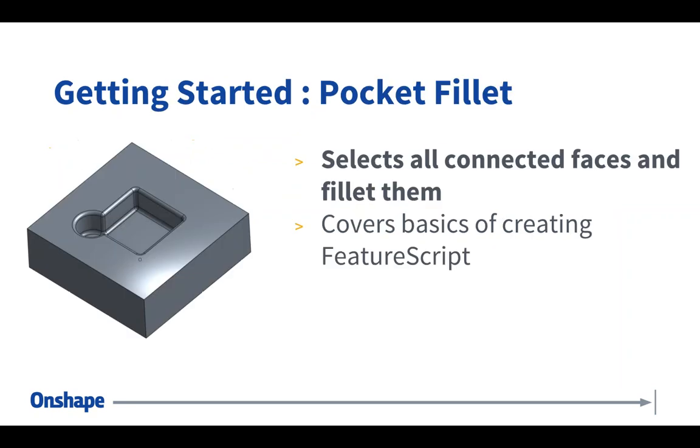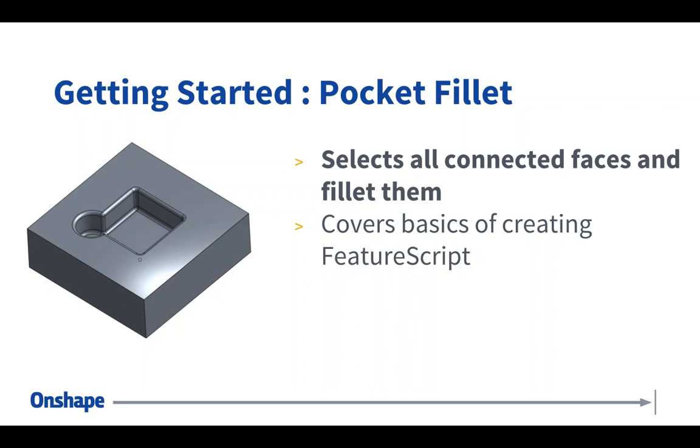All right, so let's get started. Now I have two examples for you, and the first one is really just kind of introduce you to FeatureScript itself, the Feature Studio environment, and so on, and that is the Pocket Fillet. Now the Pocket Fillet, like the name implies, allows you to click a face of a pocket, and it will automatically fillet all the associated faces, or all the faces connected to that bottom of the pocket.